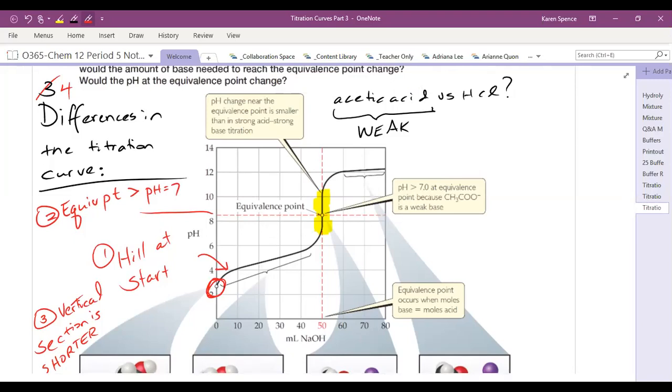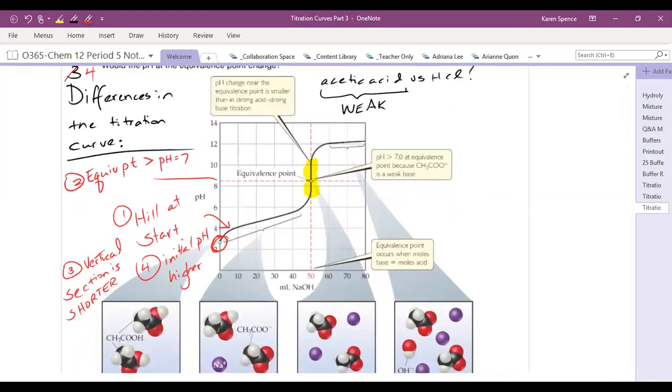At a 0.1 molar concentration, the pH of acetic acid will be higher, and the hydrogen ion concentration will be lower. So number 4, the initial pH is higher.